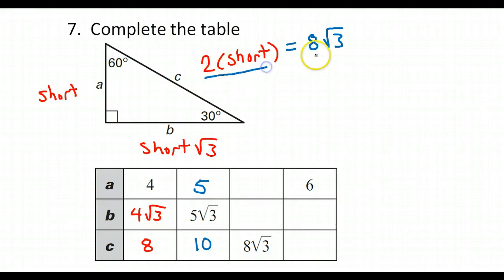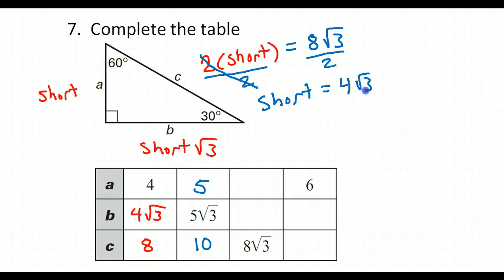I would divide both sides by 2 to get short by itself, which gives me short equals 4 radical 3. So boom, just like that, I've got the short leg.